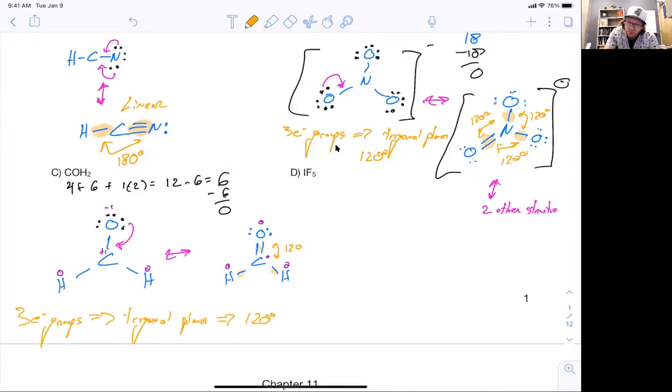Down here, it's not going to be quite 120. Which atom is bigger, oxygen or hydrogen? Hopefully you said oxygen is bigger because hydrogen is the smallest atom. And since oxygen takes up a little bit more space than the hydrogens, the bottom angle is going to be a little bit less than 120. So that's a less than 120.